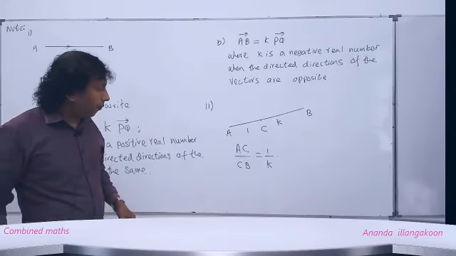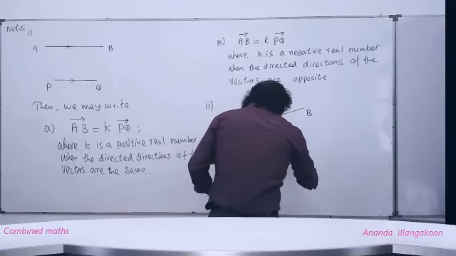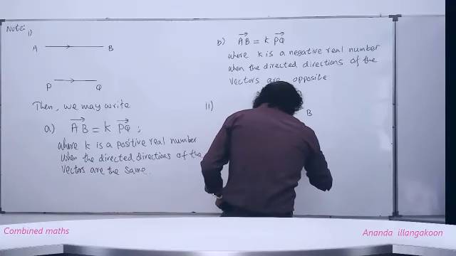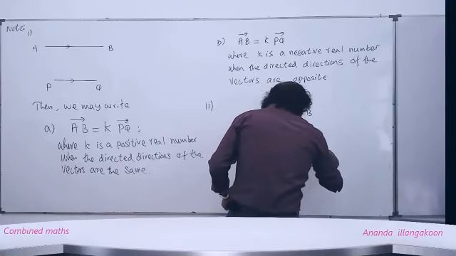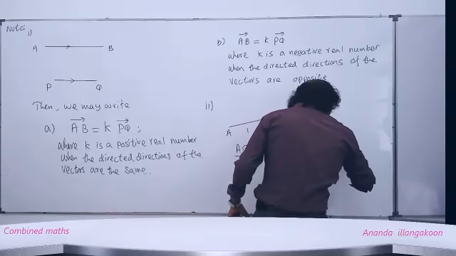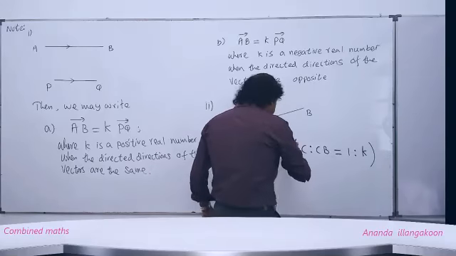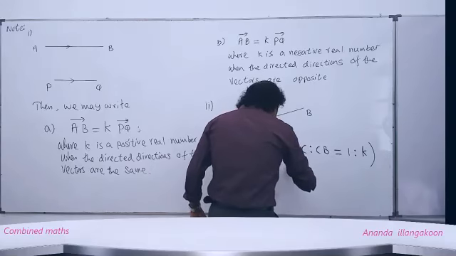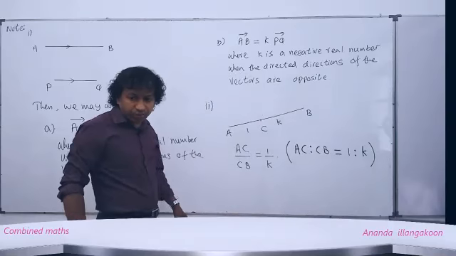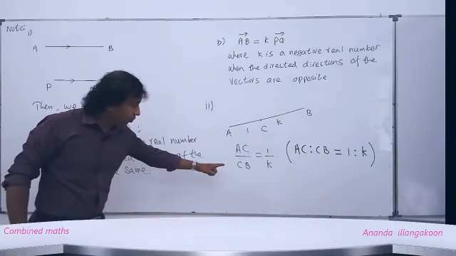The same ratio we can write this way too: AC is to CB equals 1 is to K. The same thing, huh?